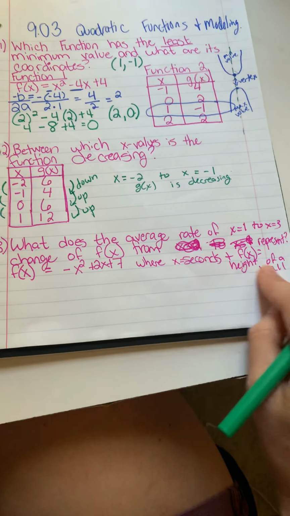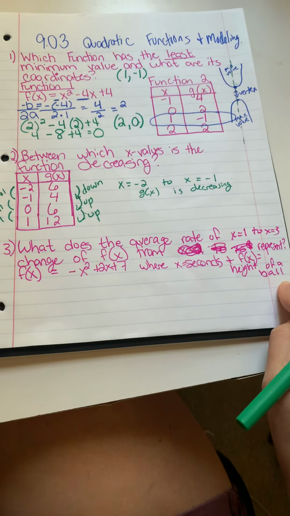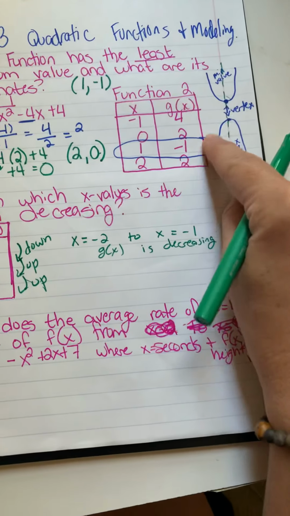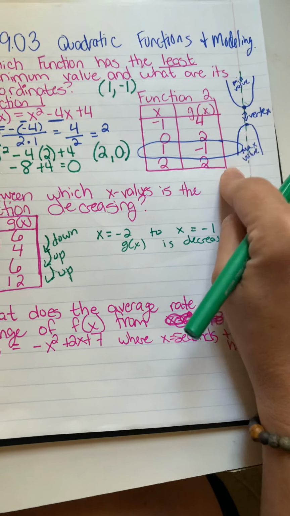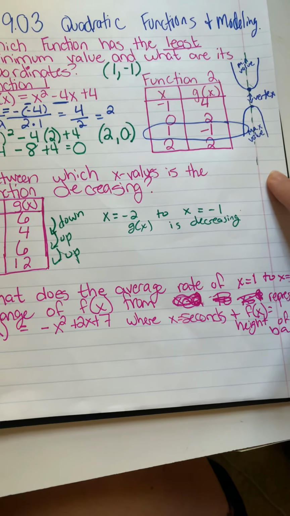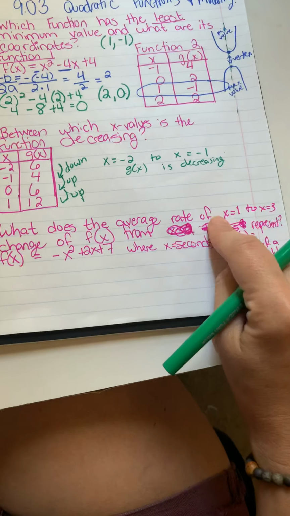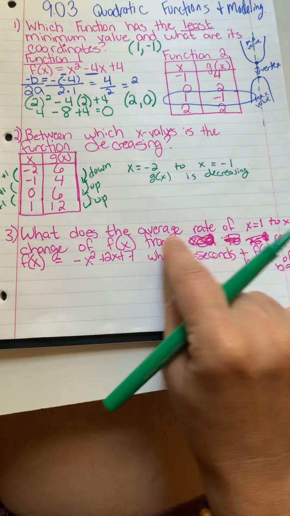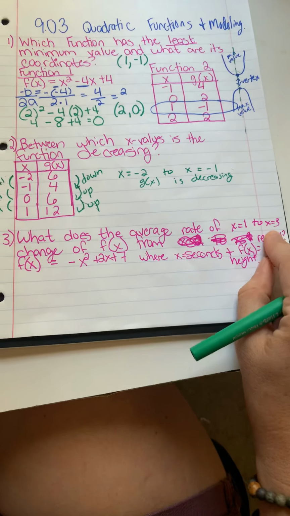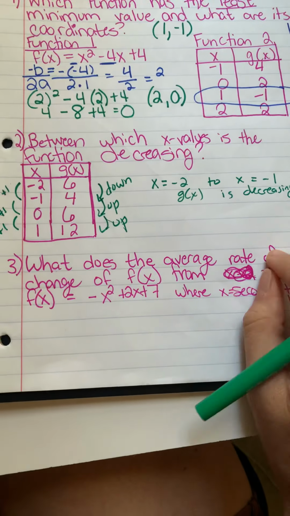So we want to see x is seconds, f of x is height of a ball. So we have a negative here, which means my quadratic looks like this. So I have a ball going up in the air, hitting and going back down. So I want to see the rate of change of f of x, and I want it from the points x equals 1 to x equals 3.